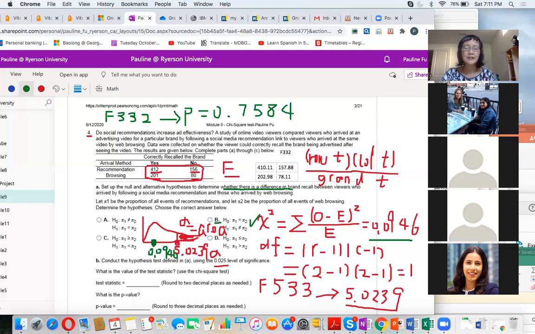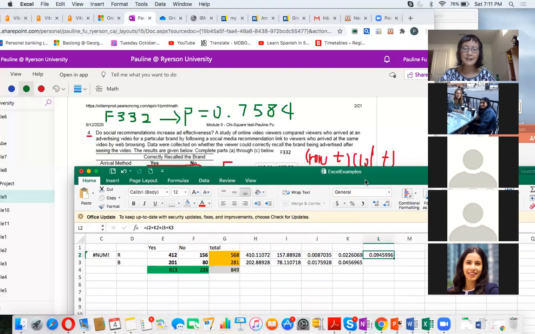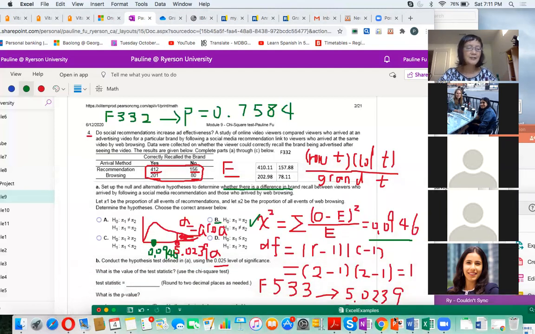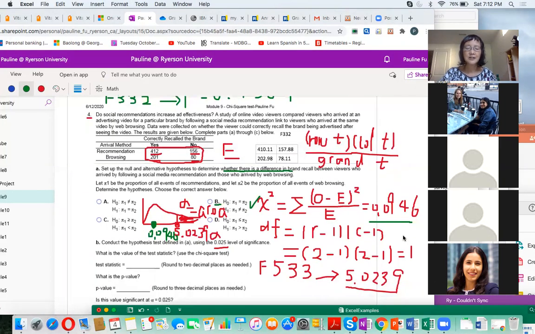Okay. So any questions on how you calculate the test statistic by hand? We used Excel to calculate the test statistic, and we also used the calculator to calculate the test statistic. Okay.